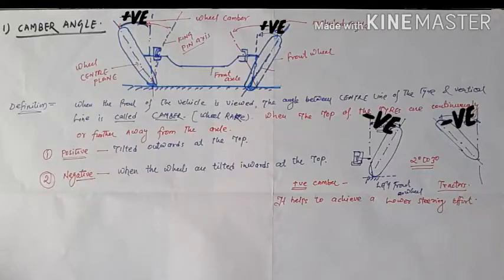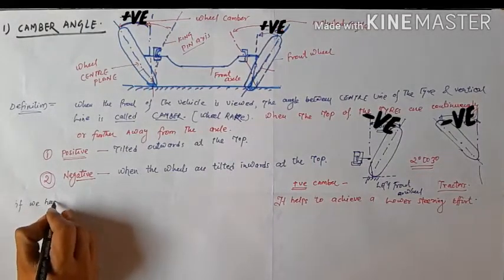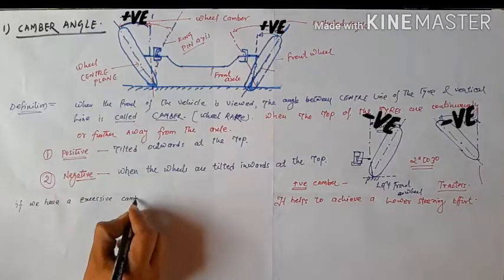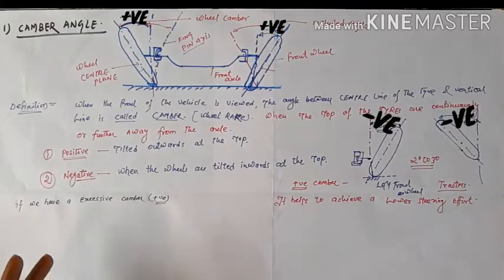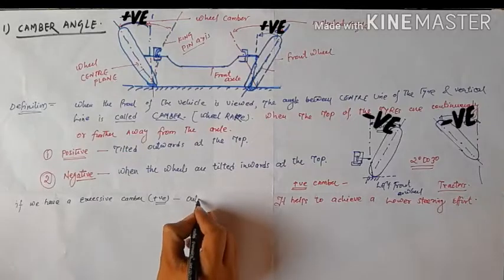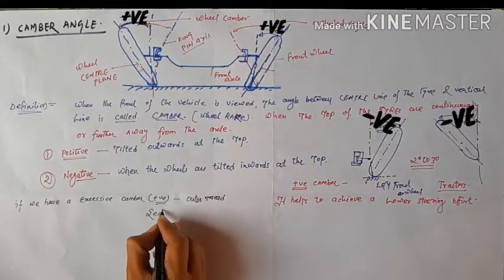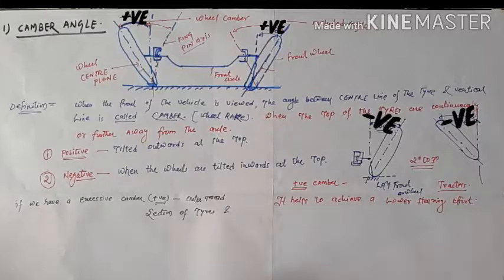And if we have an excessive positive camber, then what happens? The outer tread section of the tires and the shoulder will wear faster.